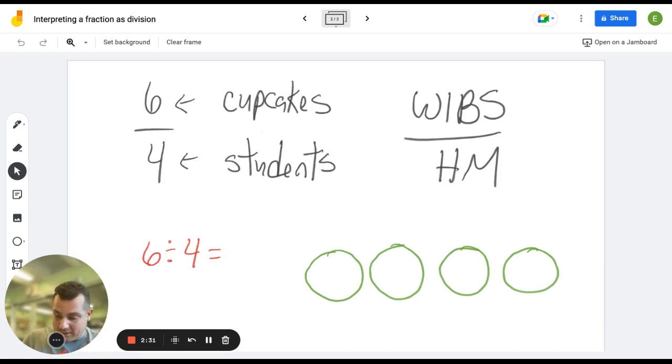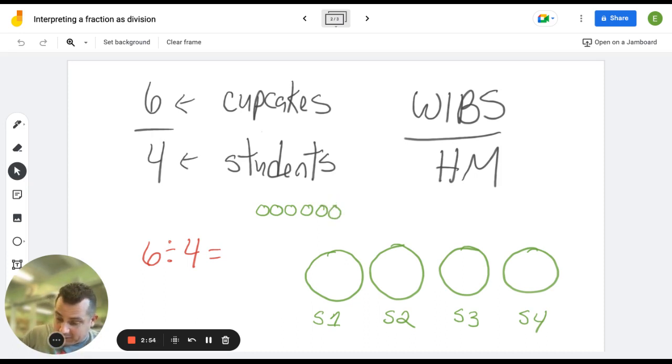So I draw my 4. This is student 1, student 2, student 3, student number 4. I have my 4 students and I have 6 cupcakes. So really, I could draw out my 6 cupcakes. 1, 2, 3, 4, 5, 6. Those are my 6 cupcakes.